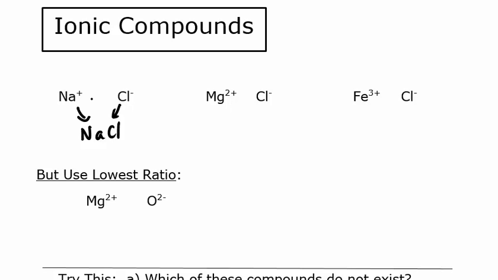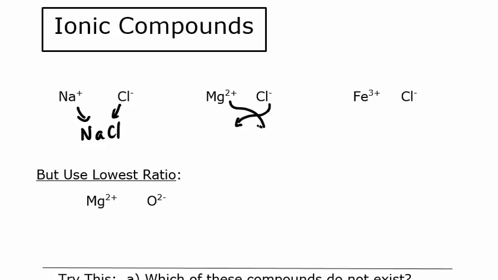Okay, but those are the two with the same magnitude of charge, 1 minus, 1 plus, but they won't always be the same. Magnesium is 2 plus, chlorine is only 1 minus. So you're going to need 2 chlorines to balance out the charge of the magnesium. One way to think of that is to take the magnitude of the charge and crisscross it.